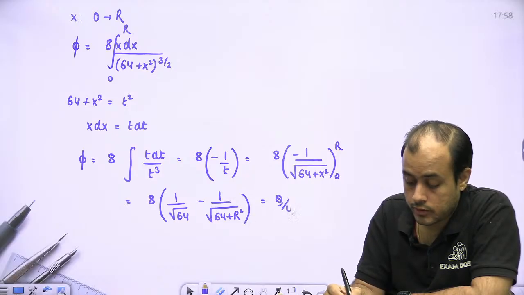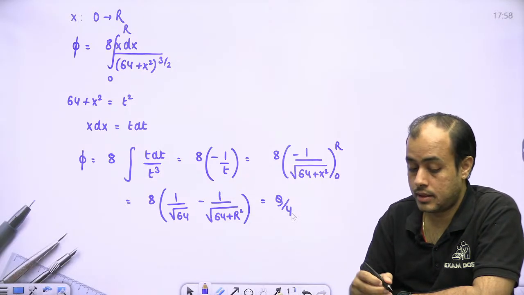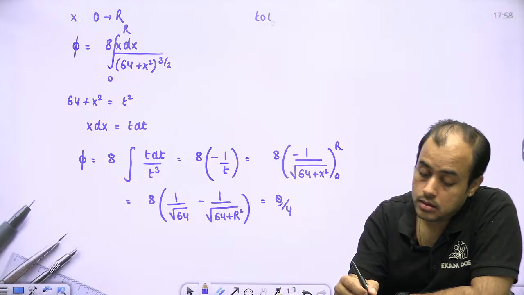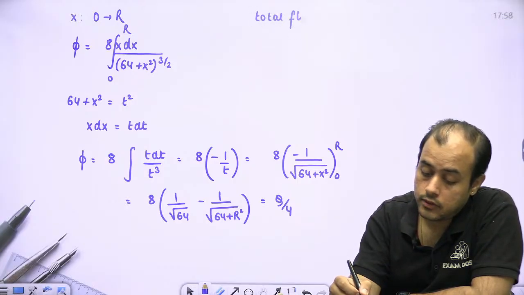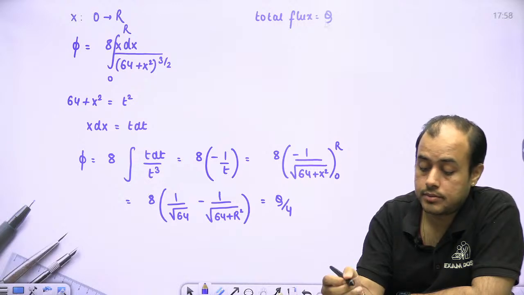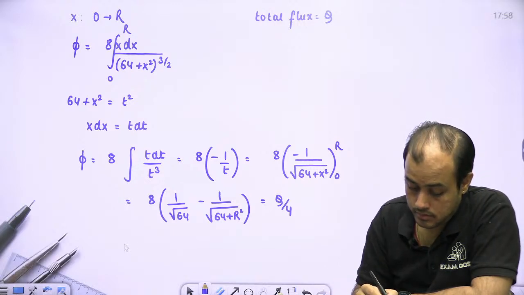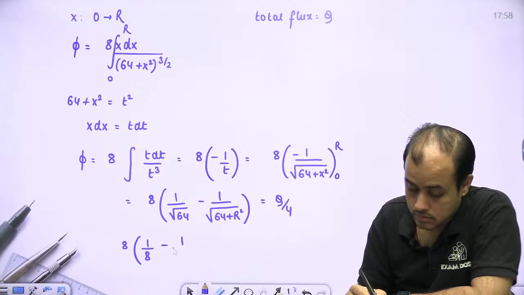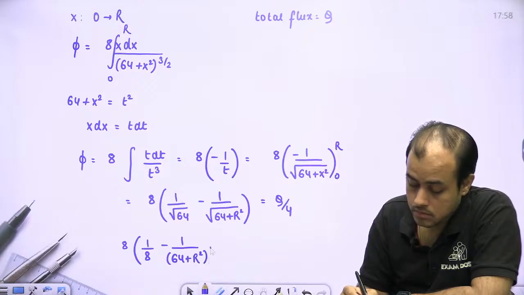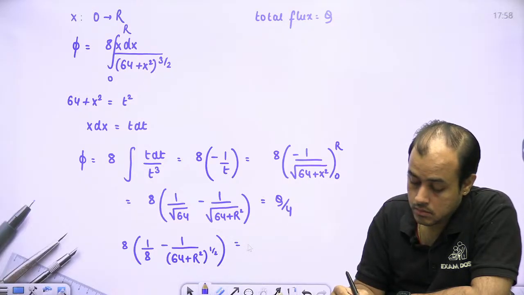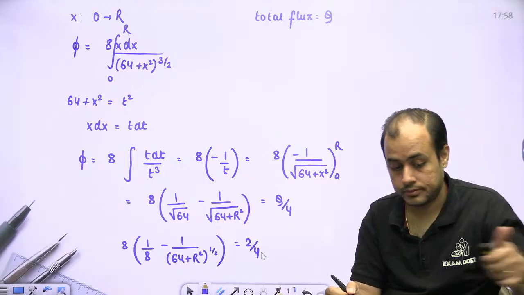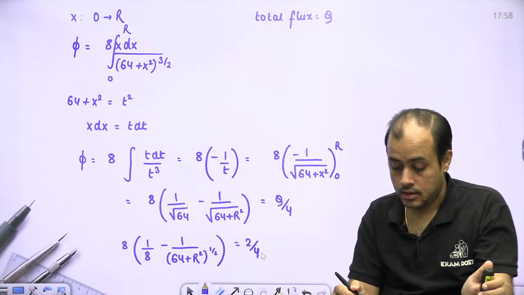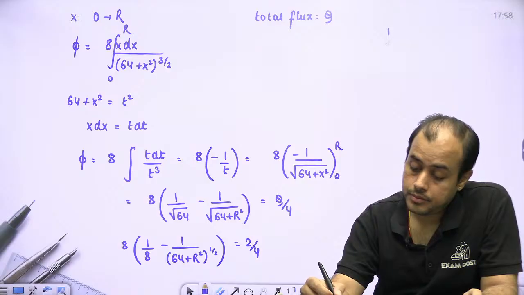So 1/4 of the flux means q by 4. The total flux is equal to charge. By 4. So half.